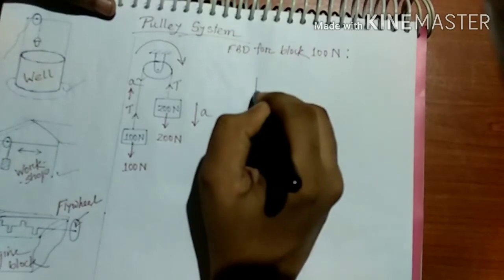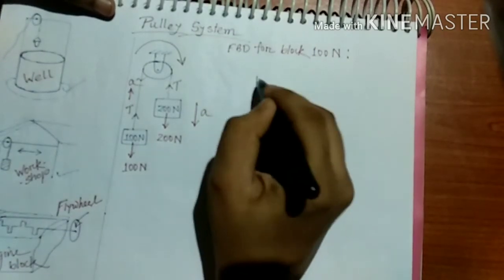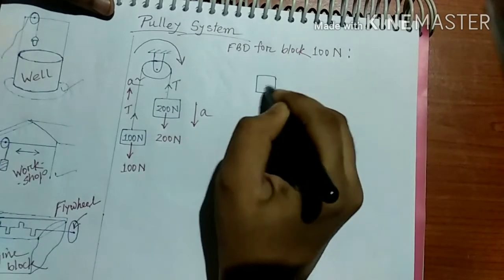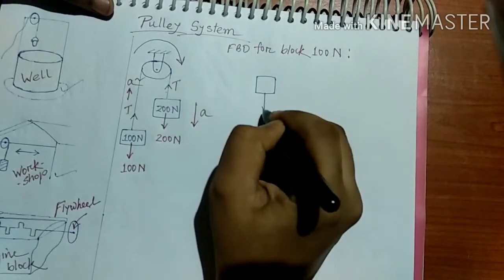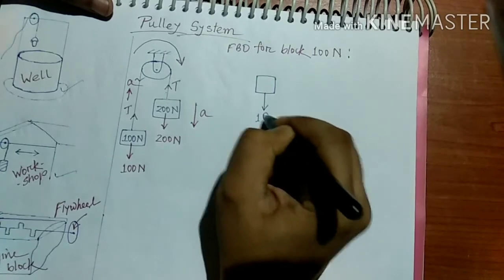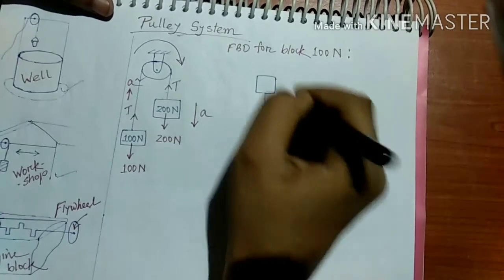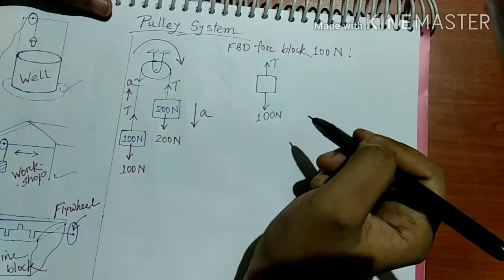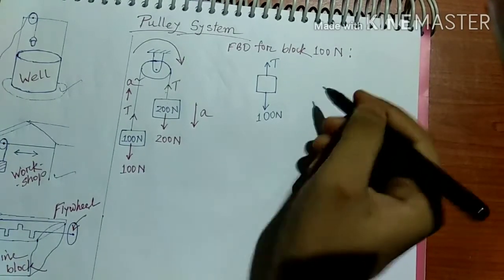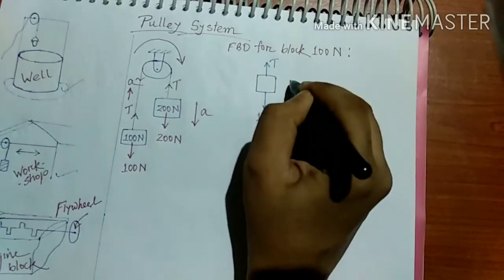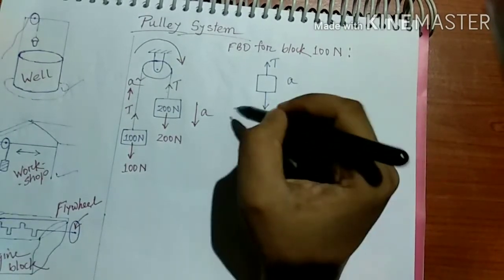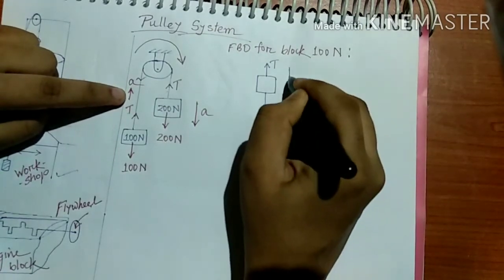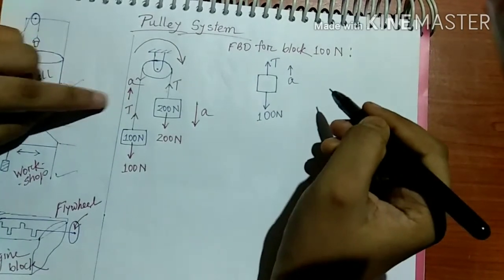This is the block, this is weighing 100 Newton, and tension T is acting upward, right? And acceleration is A, and this block is moving upward, right? So acceleration will be in the upward direction.